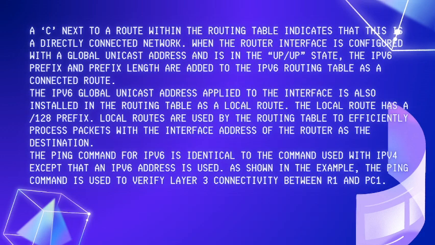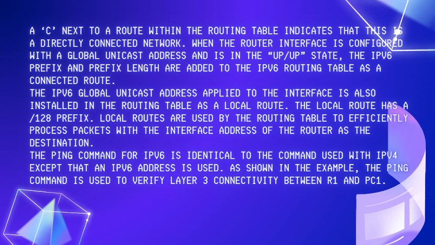A letter C next to a route within the routing table indicates that this is a directly connected network.